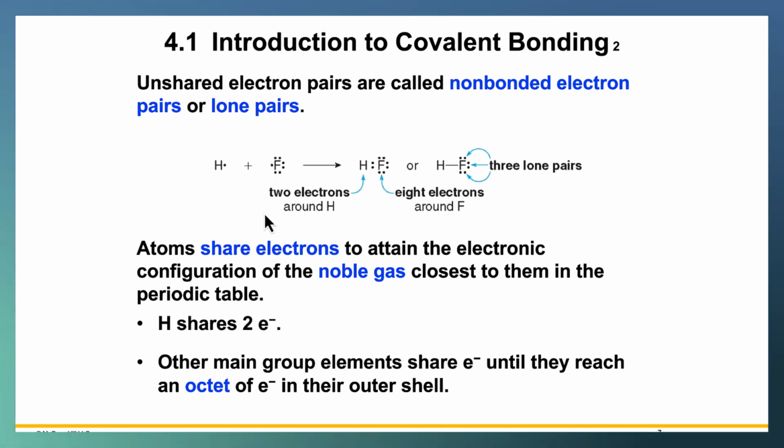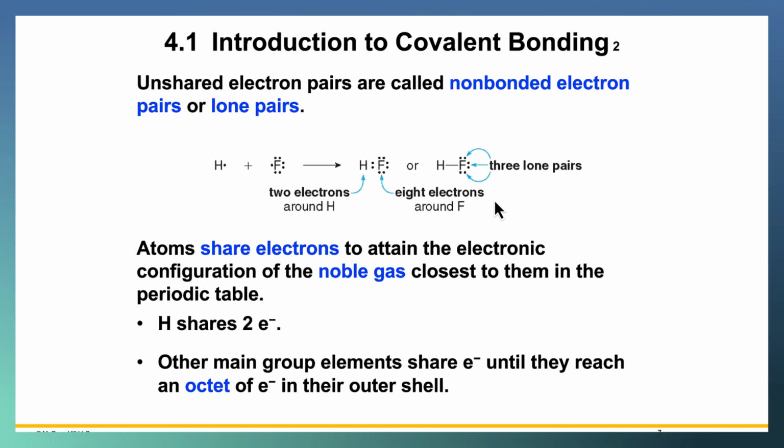So this hydrogen has that 1, this fluorine has that 7, and if they share those, then they can form a covalent bond, and each time you see a line, that represents 2 electrons. So right here, this 1 electron came from hydrogen, this one came from fluorine, and now they're sharing in that bond.